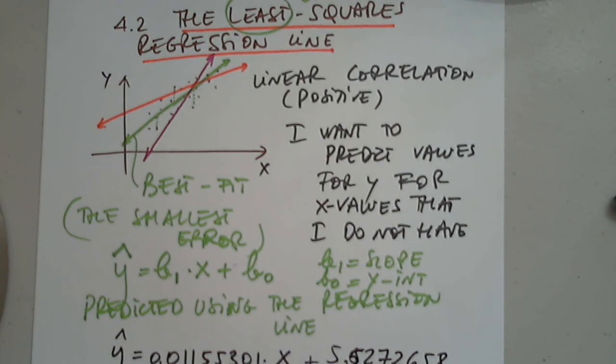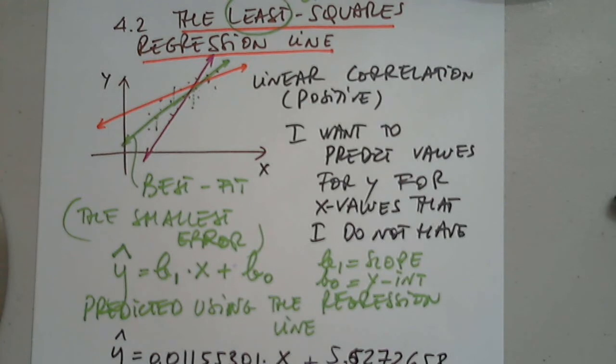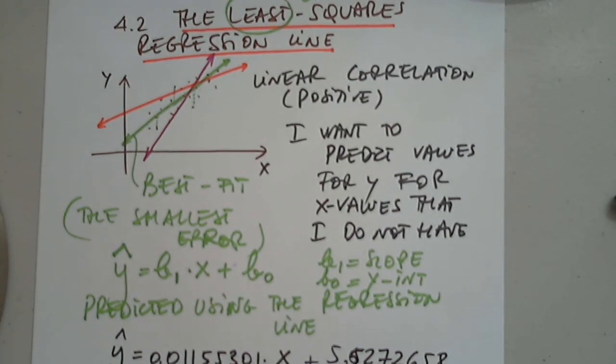Also, it tells us very clearly here that the y-intercept is this b0, the slope is this. And now I want to determine a predicted value for a value that we do not have. We can also determine the predicted value for a value that we have as well. We can and we should.